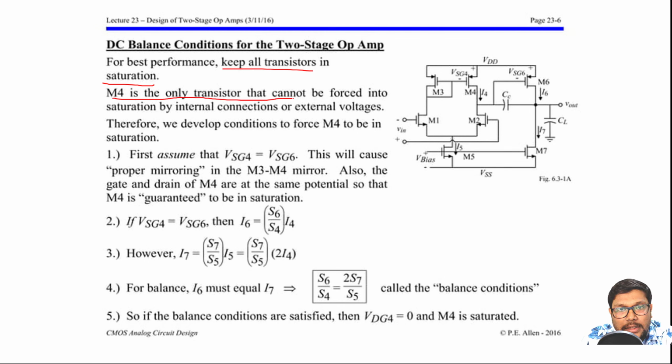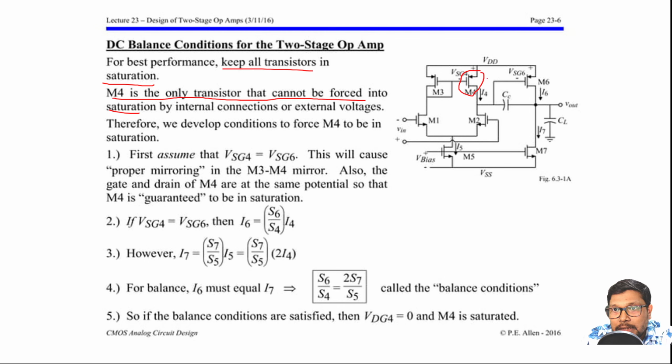M4 is the only transistor that cannot be forced into saturation, and this is important, because M4's gate is not in our hand, the drain is not in our hand, so it totally depends upon the M3 gate. M3 will be in saturation, but how to make M4 saturate?